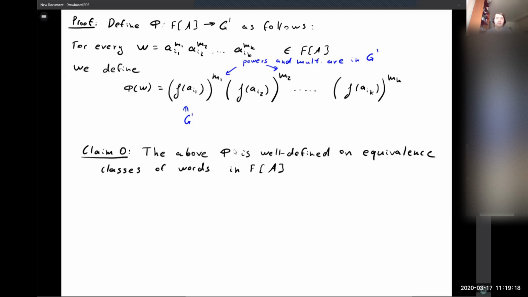And what this claim 0 is saying is that no matter which particular representative of this equivalence class you take, then this formula actually gives you one and the same element of G prime.